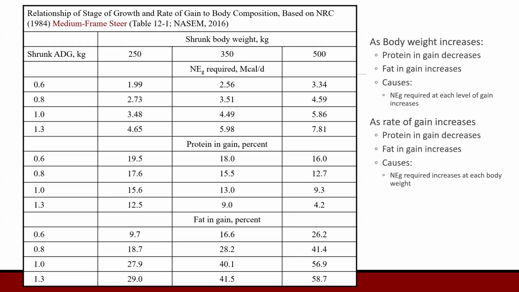For a 250 kilogram animal to gain 1.3 pounds a day, they would need to eat more energy than for a 250 kilogram animal to gain 0.6 pounds a day. So within each individual animal's weight class, as energy intake increases, the proportion of fat in gain increases. Okay?